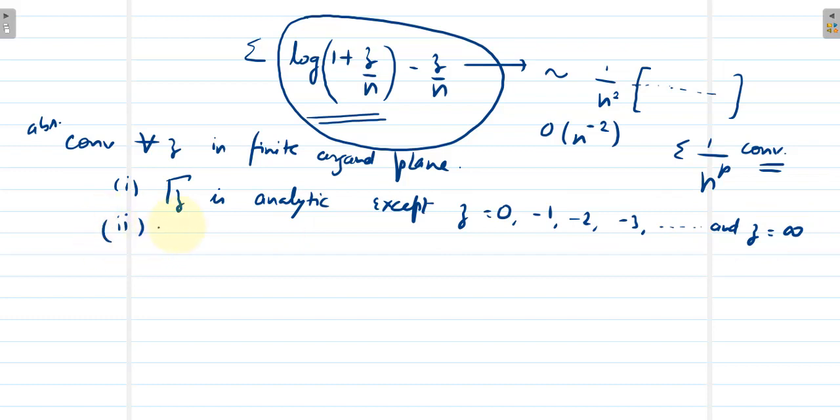Second, gamma z has simple poles at these points.